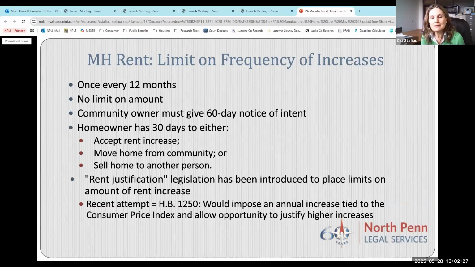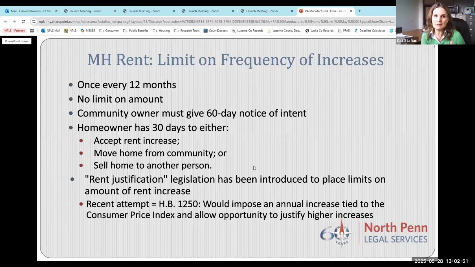Also, we see sometimes in some cases that the park owners are trying to increase the rent. Especially we see it in cases where we actually don't have a written lease, and we're going to get to that part as well. But we see park owners trying to increase the rent, and the statute is very clear.